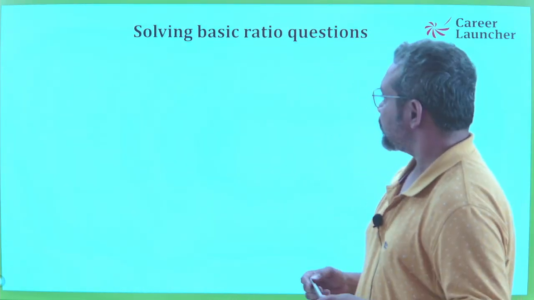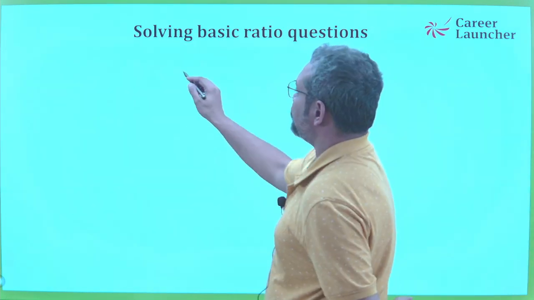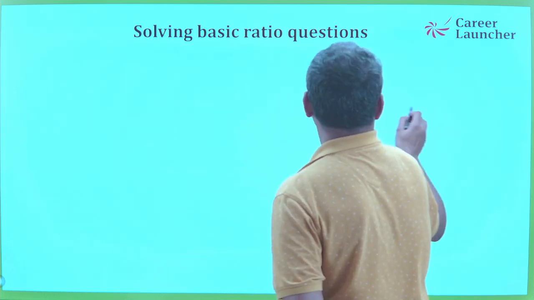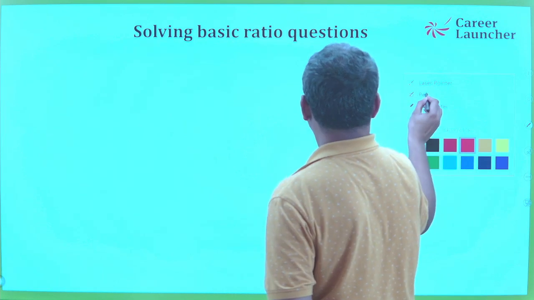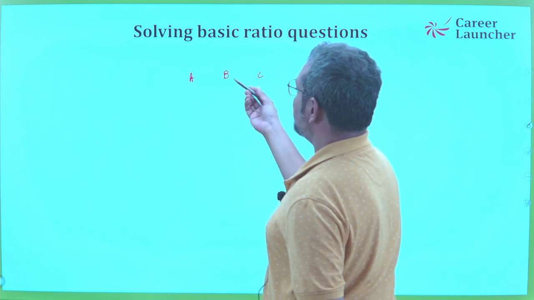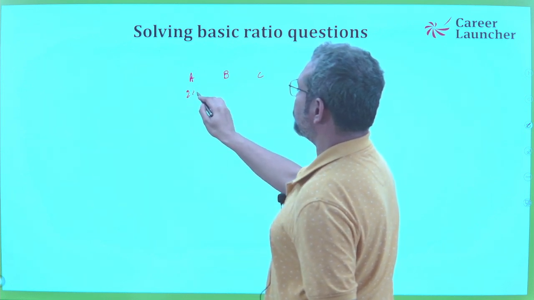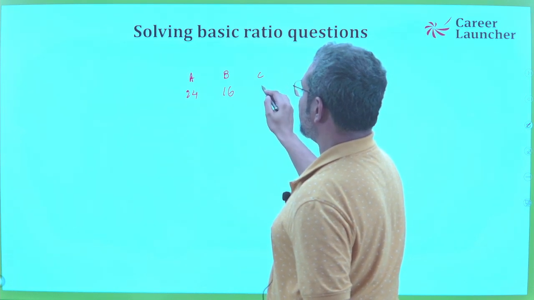We will be discussing the concepts of ratios. So what's a ratio? Say you have three things A, B and C, and their values are 24, 16 and 8.